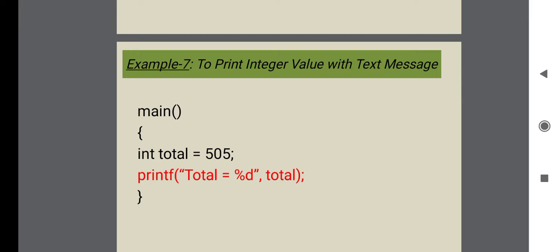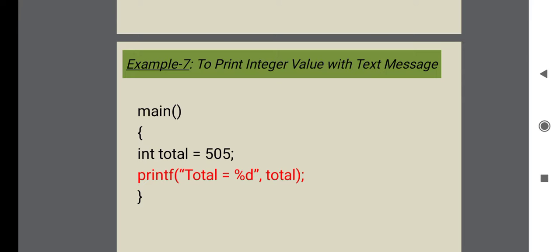The corresponding value will print. What is the corresponding value here? After the comma we have declared one variable, that is total. So in place of the format specifier %d, the value of total will print. So we have to keep this in mind.